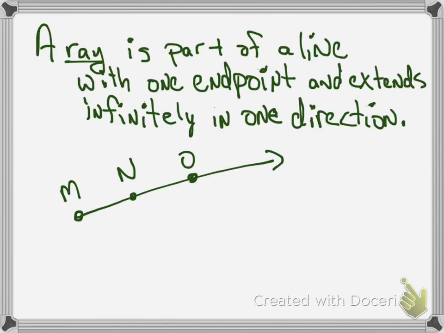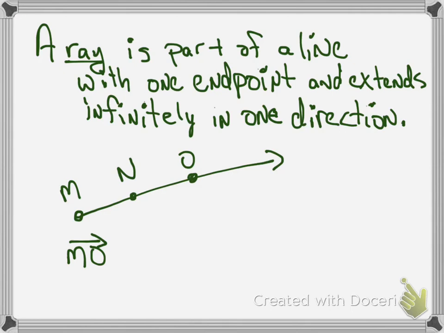Before we get started actually looking at angles, let's talk about a term. A ray is part of a line with one endpoint and extends infinitely in one direction. Notice here I have a line with points M, N, and O. So I can say that I have a ray MO.